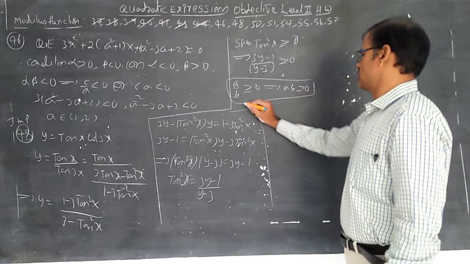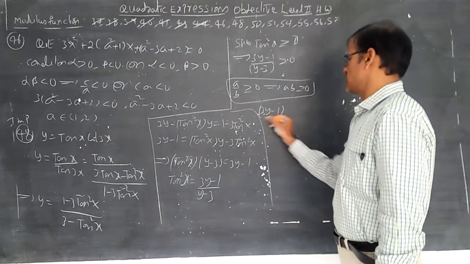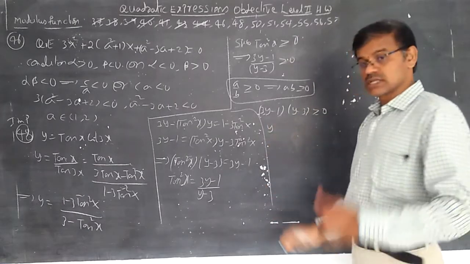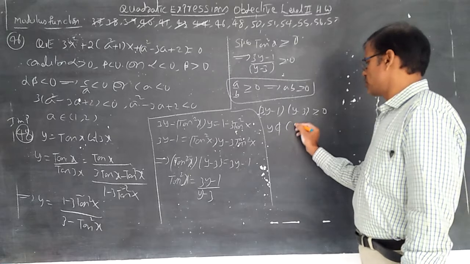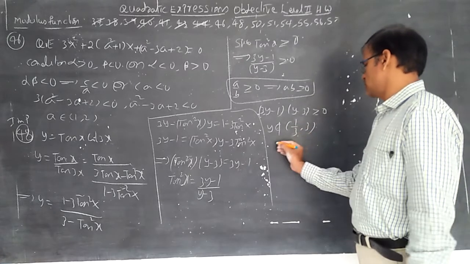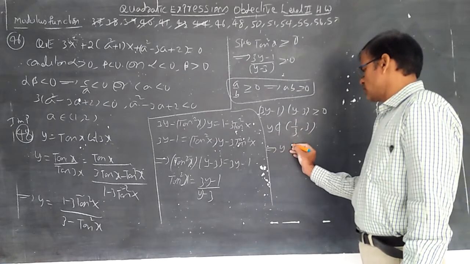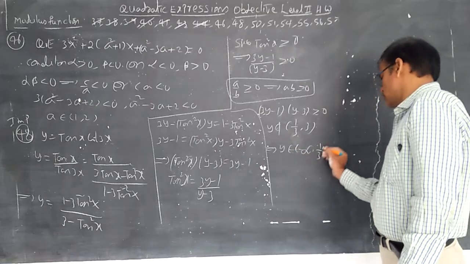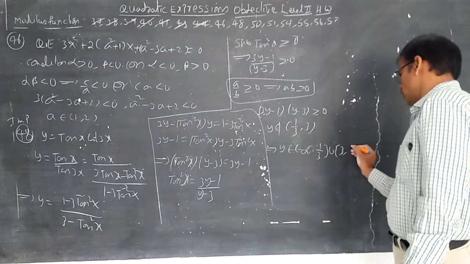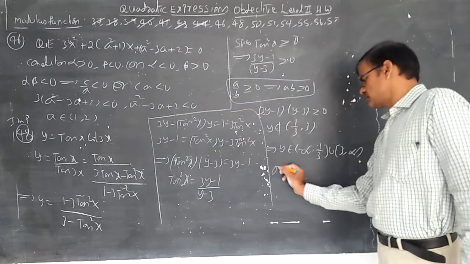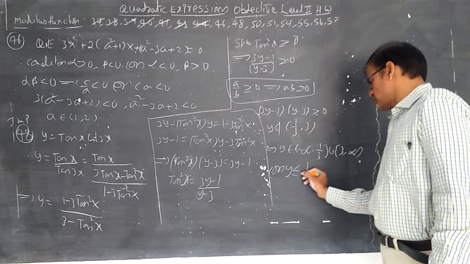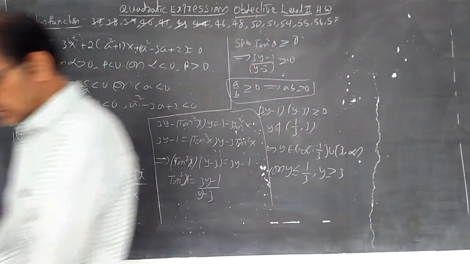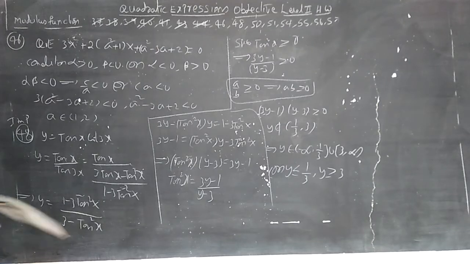Then you can write here (3y minus 1) into (y minus 3) greater than or equal to 0. So y does not belong to the open interval 1 by 3 comma 3. That implies y belongs to minus infinity comma 1 by 3 closed union 3 comma infinity, or y less than or equal to 1 by 3, y greater than or equal to 3 is the correct option. For the question, the fourth option is correct.